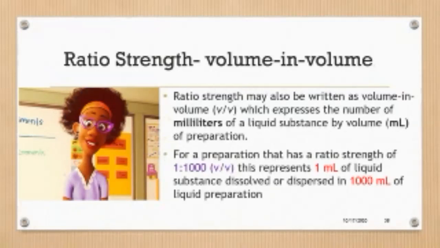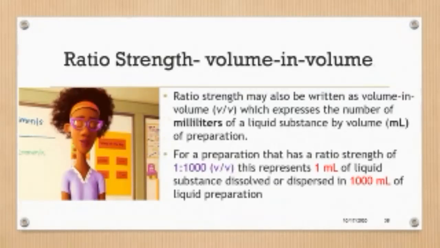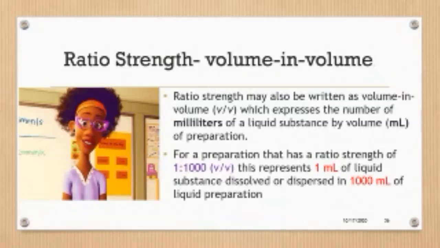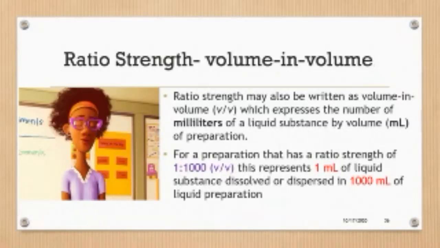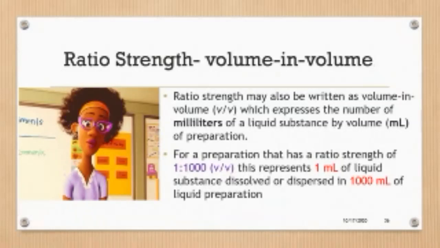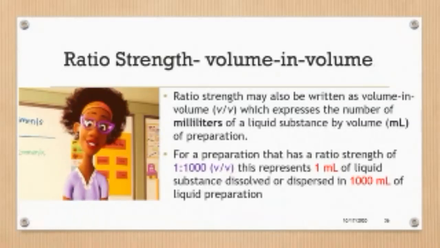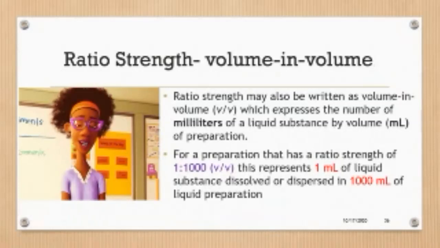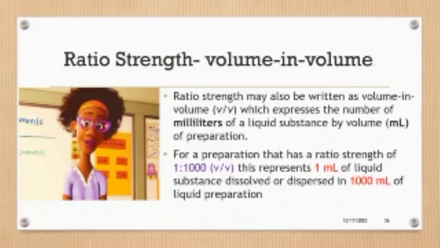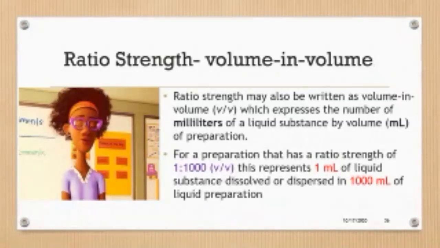It's not written here, but ratio strength for weight in weight is going to have the expression of a number of grams of a substance that would be contained in grams of a preparation. So for example, if I have a preparation that has a ratio strength of 1 in 1,000, weight in weight, that represents 1 gram of a substance that will be dispersed in 1,000 grams of a solid or semi-solid preparation.